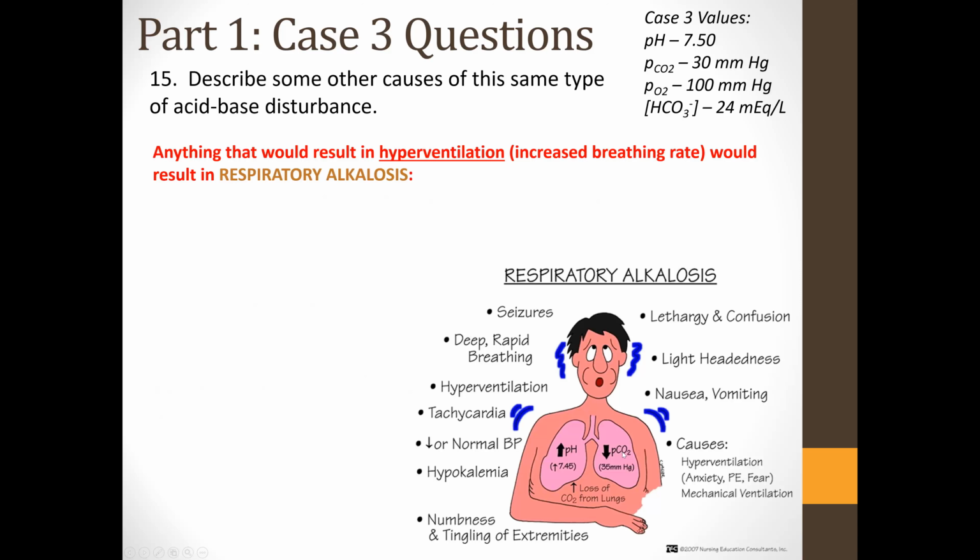So pH and carbon dioxide will be opposite to each other. Things that can cause this are extreme anxiety, like having a panic attack, high altitudes where oxygen levels are really low, which forces you to breathe faster, and brainstem injuries. Also, mechanical ventilators that aren't set correctly, but that was the focus of this particular case study.